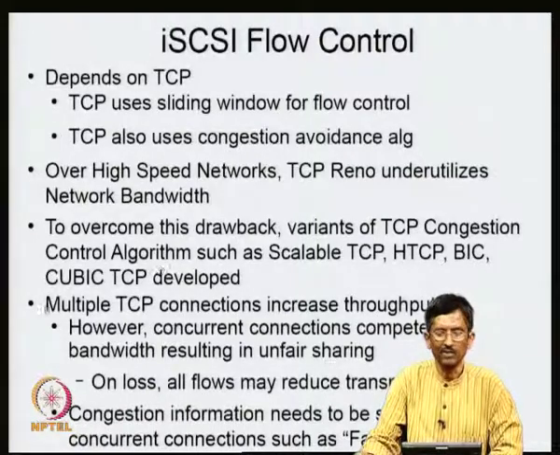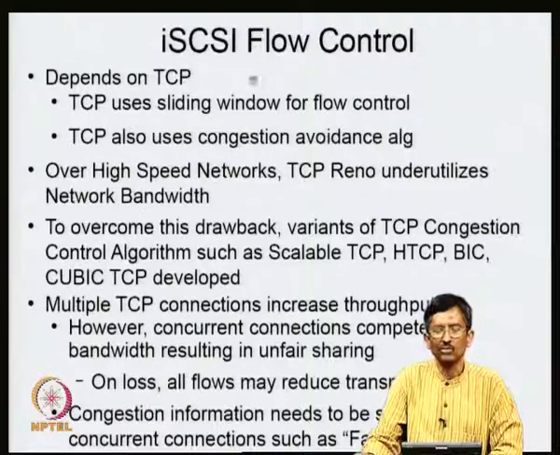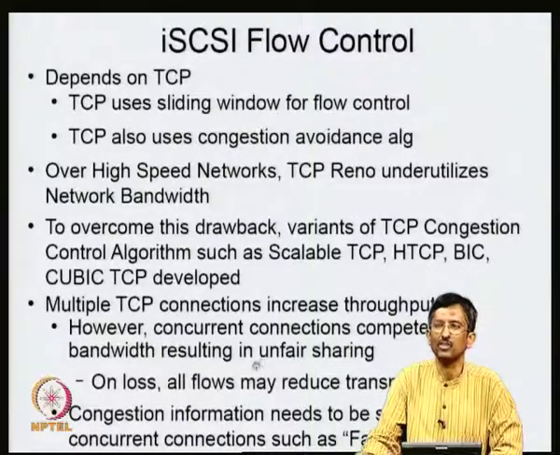Now, another issue about iSCSI is that, as I mentioned, you can have one or more TCP connections. With one or more TCP connections, it's possible to increase throughput, but there are some problems. If you have concurrent connections, they can compete for bandwidth, resulting in unfair sharing. And TCP by definition does not have any such models of how to make sure there is fairness in it.